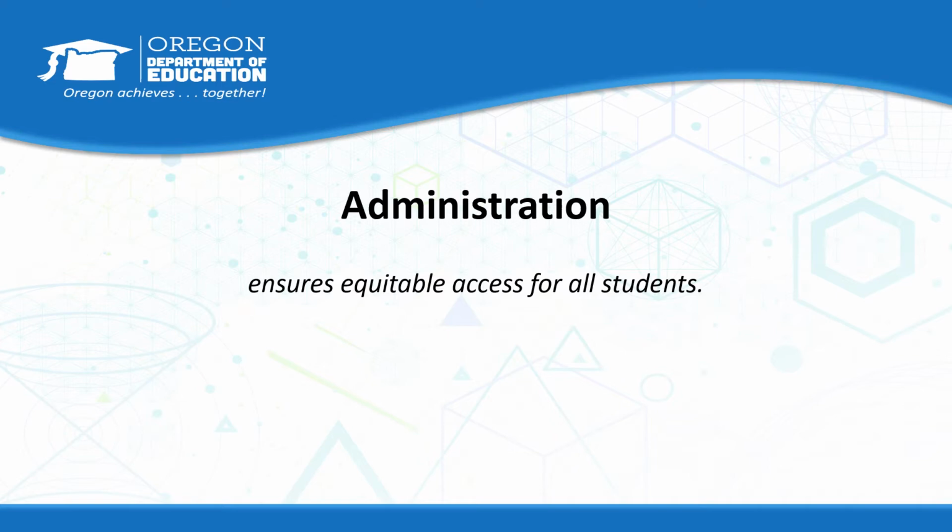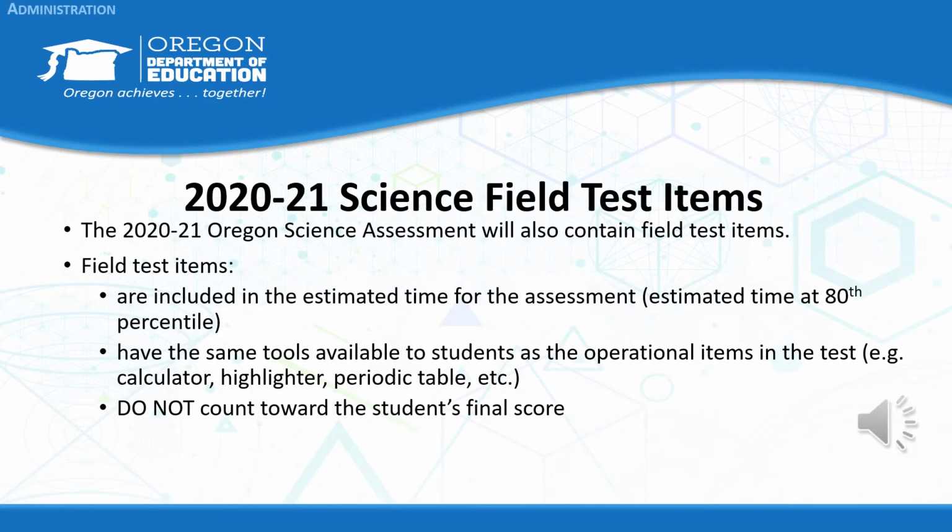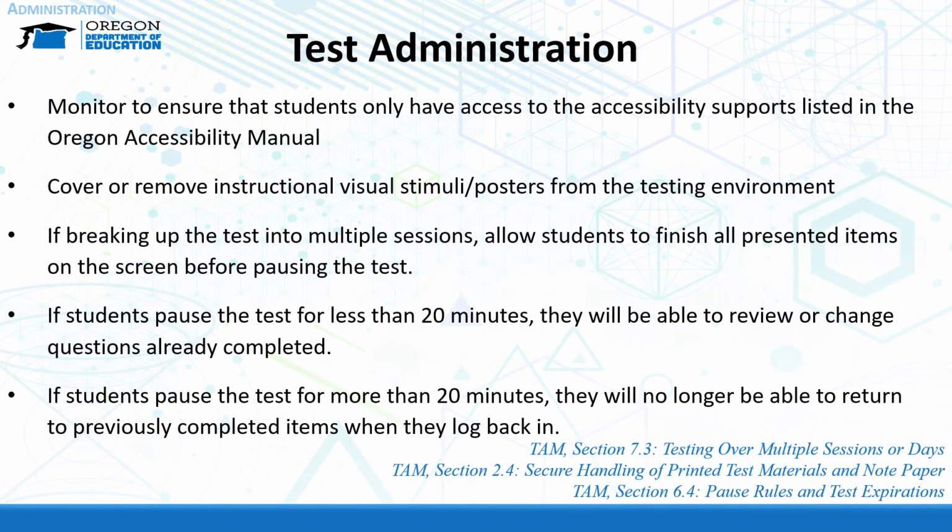Administration ensures equitable access for all students. During testing, students may not access any materials not explicitly identified on the Content Area Specific Accessibility Supports list that is found in the Oregon Accessibility Manual.